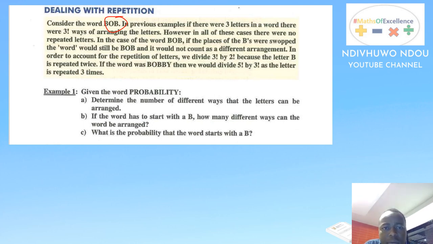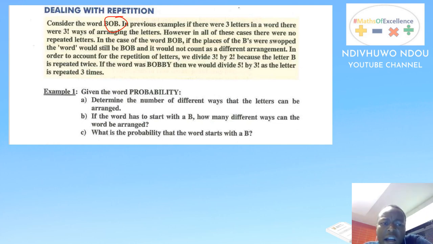In the case of Bob, if the places of the B's were swapped, the word will still be Bob, and it will not count as a different arrangement, right? Even if you swap the B's, it's still Bob.